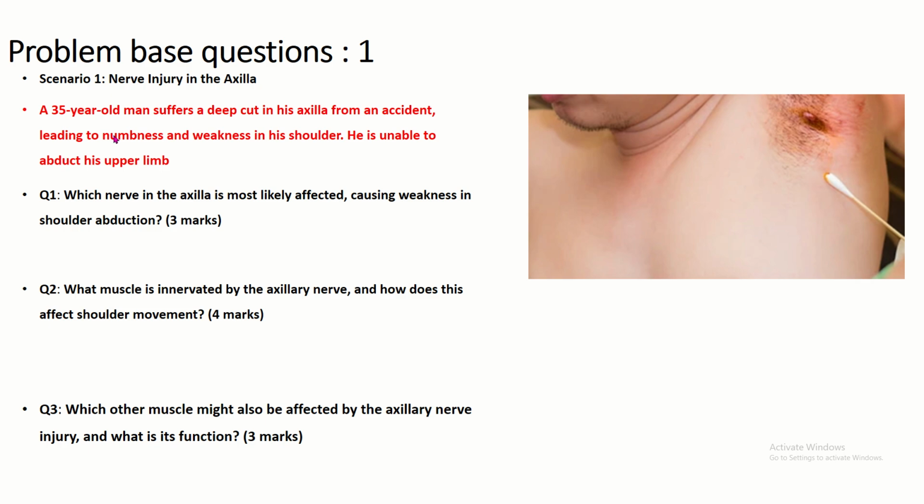Now a problem question: a 35-year-old man suffered a deep cut in his axilla from an accident, leading to numbness and weakness in his shoulder. He is unable to abduct his upper limb. Which nerve in the axilla is most likely injured?